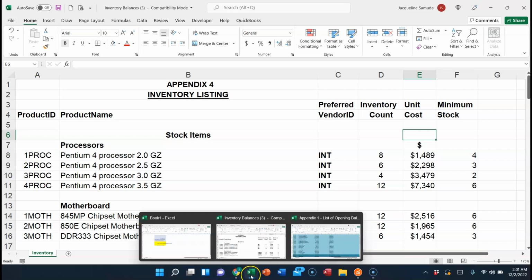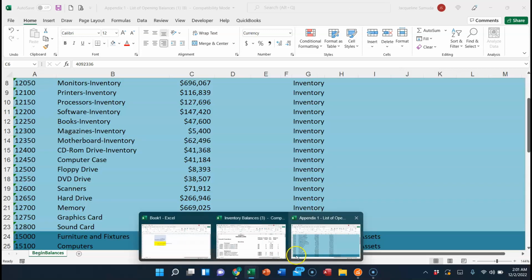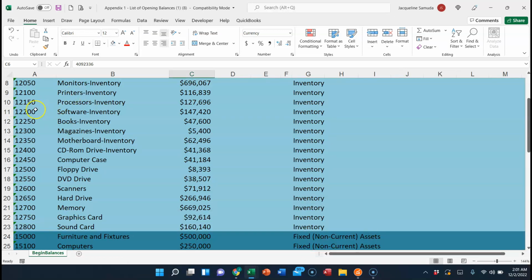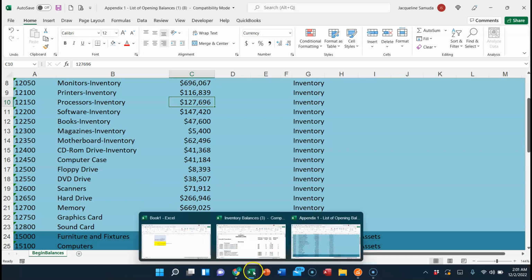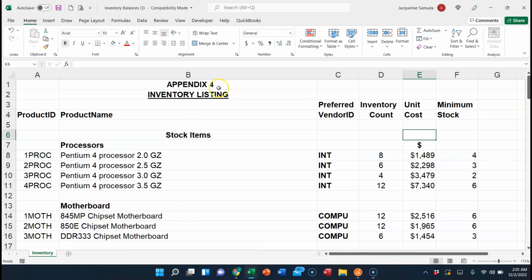Now on your Appendix 1, and let's go back to it, notice that your processors total is $127,696. Now this total represents the combined value of those 4 processors that we looked at on Appendix 4. 1 proc, 2 proc, 3 proc, 4 proc.